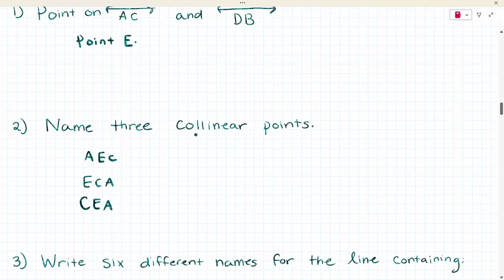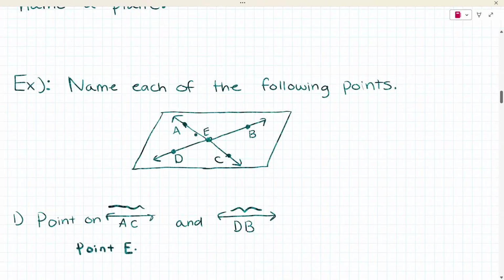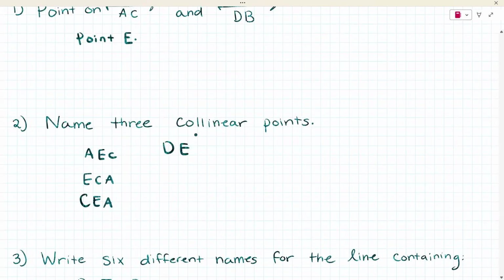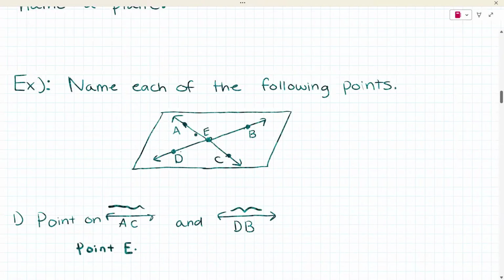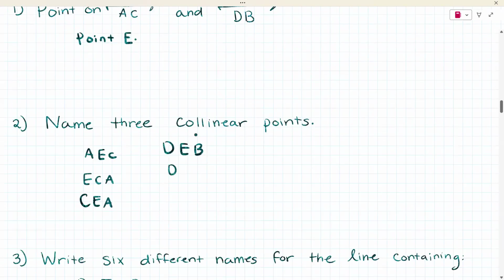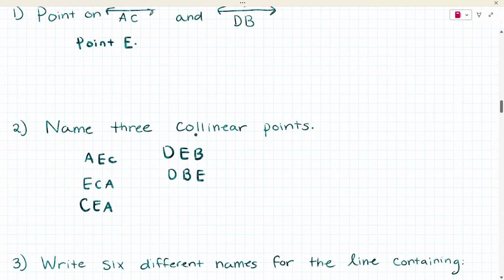And then what else can we use? What about points D, E, B? DEB, yes, that's collinear. What about points D, B, E? Here's D, B, E, yes. And then what about points B, E, D?